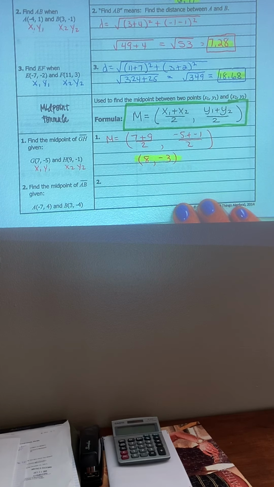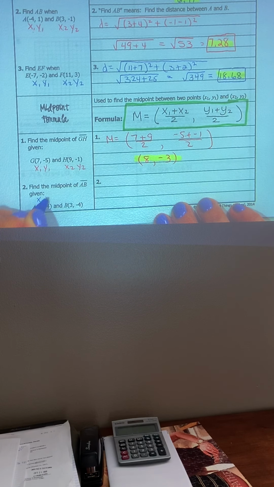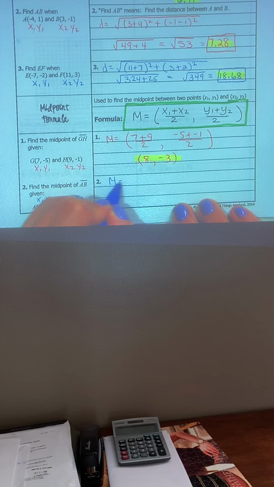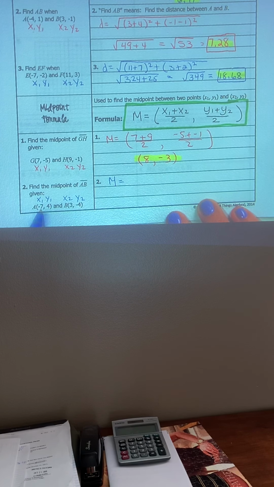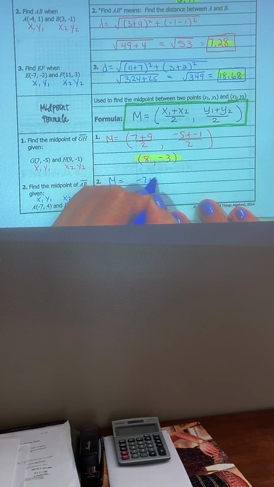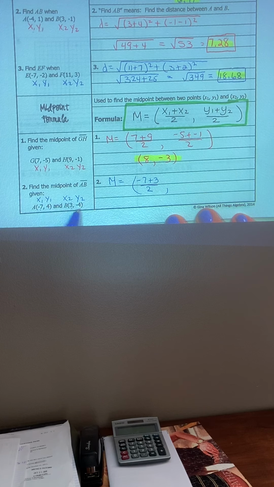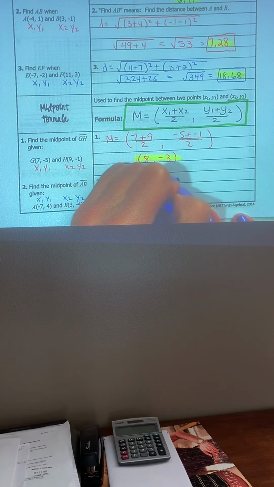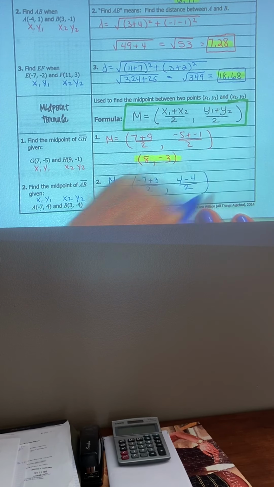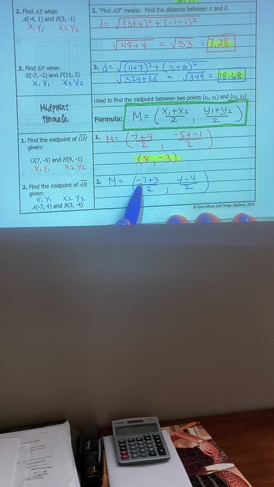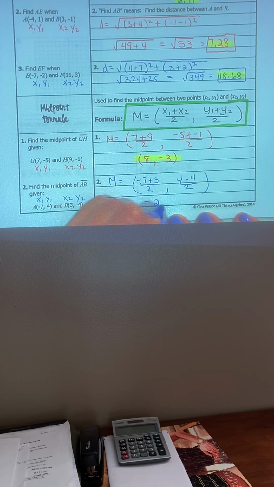Okay, next. This is super simple. x1, y1, x2, y2. We have -7 plus 3 over 2. And then 4 minus 4 over 2. Now the only kicker here, this is -7 plus 3. -7 plus 3 is -4. -4 over 2 is -2.